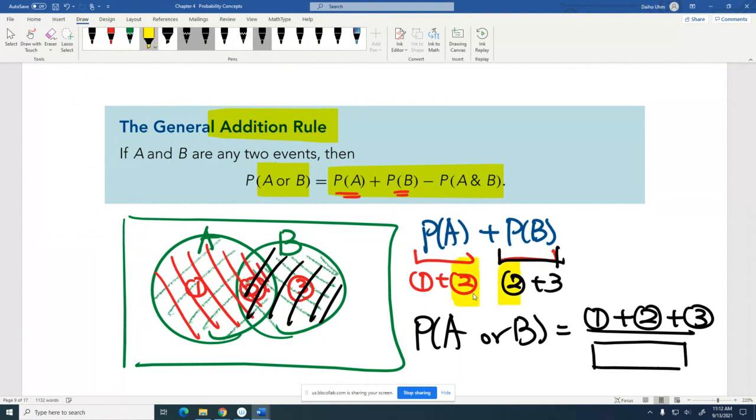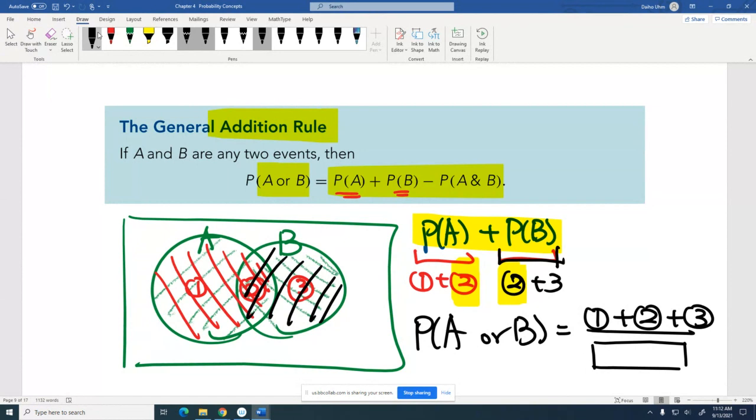But now, simply we just add up the two probabilities. Then we added the number 2 in the middle twice. We have to delete one of them in the middle. How can we describe the probability in the middle?